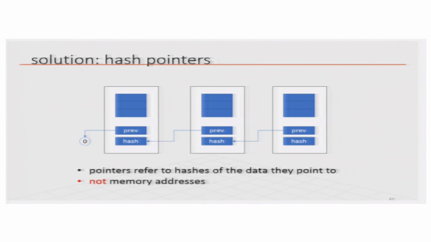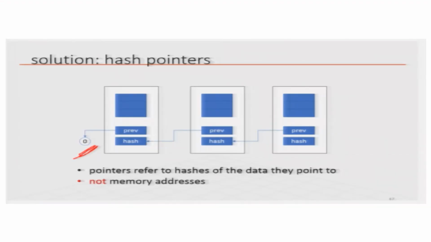This way I can keep building previous to previous, previous to previous and so on, and I can actually cache it. At some point I will not want to do all the hashing and computation every time I want to find my previous block. I can cache that information because once the blocks have become permanent, their hashes also become permanent.